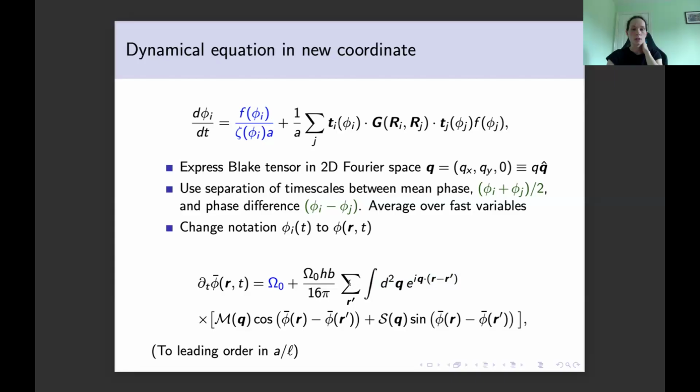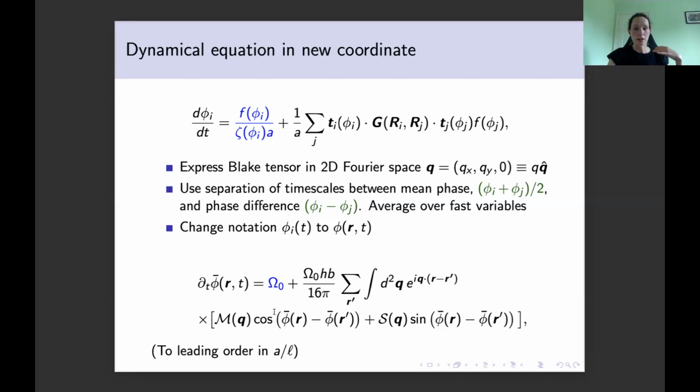But the sum is over all lattice positions on our 2D lattice. Inside this sum is some coefficient that encodes geometric and forcing information, and then we have cos of the phase difference and sine of the phase difference. At the moment, this is done to leading order in a over L, where a is the trajectory size and L is the spacing. So this is done to leading order in the trajectory size.